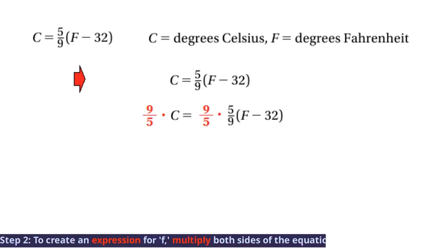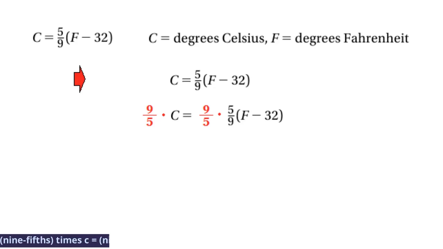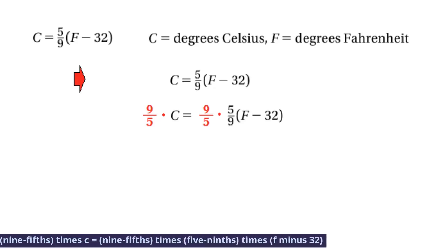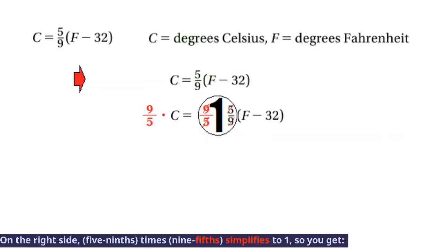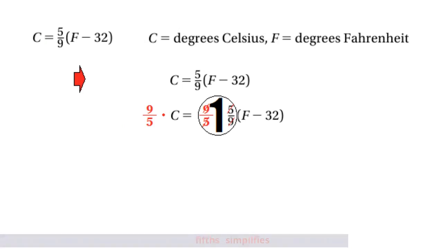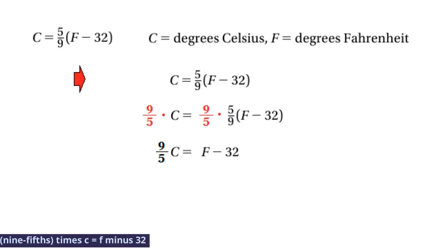Step 2. To create an expression for F, multiply both sides of the equation by 9/5. 9/5 times C equals 9/5 times 5/9 times (F minus 32). On the right side, 5/9 times 9/5 simplifies to 1, so you get 9/5 times C equals F minus 32.